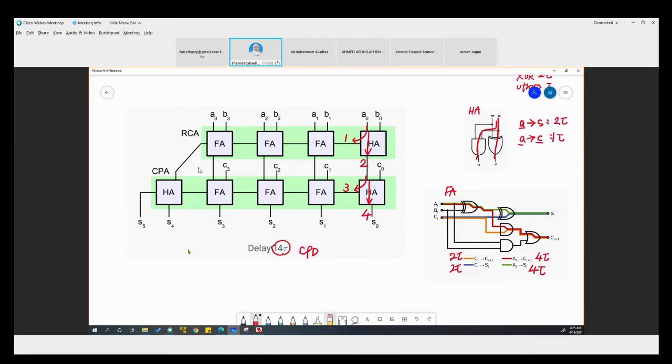Now we're going into the full adder. Right? So in full adder, we're going to see from input to carry, and then from input to sum. And then we're also going to see from carry to carry, and then from carry to sum. Right? Same goes here. Full adder, there's 4 paths that we have to check.